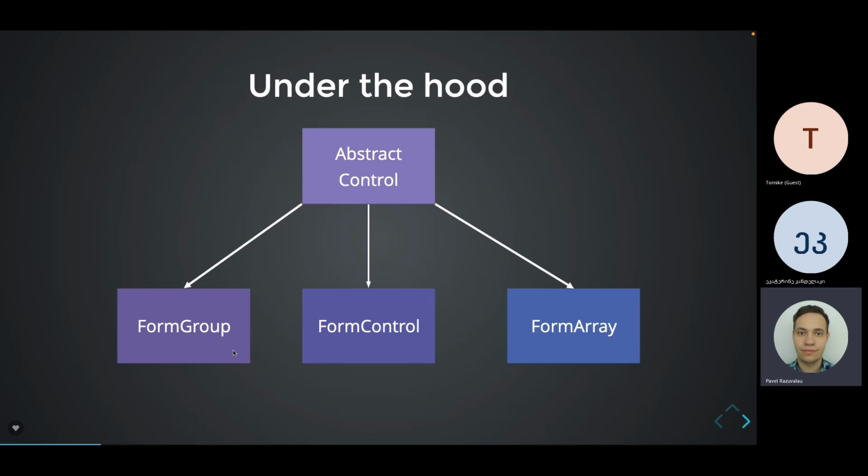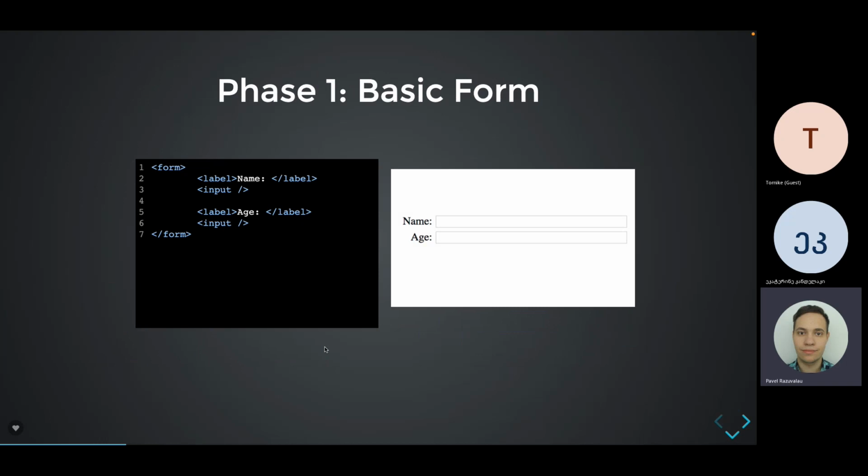So if we think about the types of values, form group represents the object, form control some basic value, and the form array, well, obviously is an array. Now, form control holds the primitive values. So let's go through the examples.